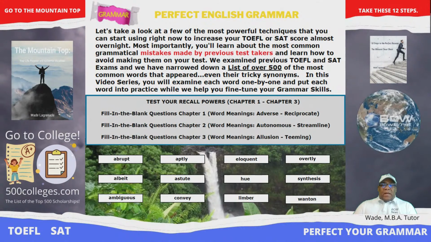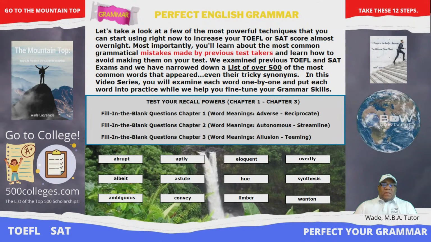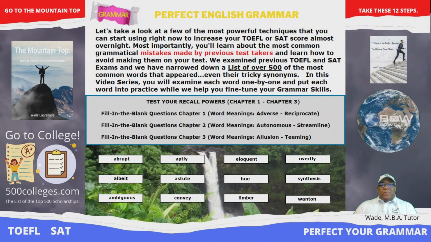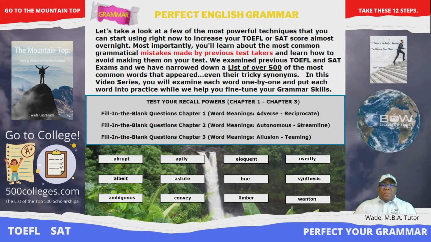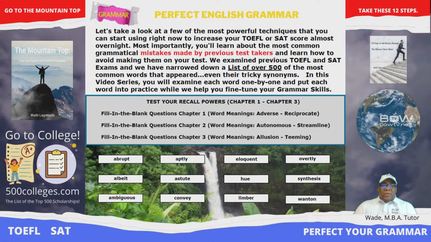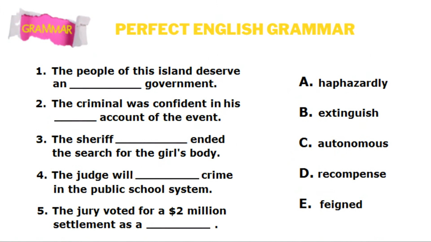If we take a look at the fill in the blank questions with respect to Chapter 2, where we covered words such as autonomous and streamline, we can see here that examples are: the people of this island serve an blank government, and the answer would be on the right hand side.